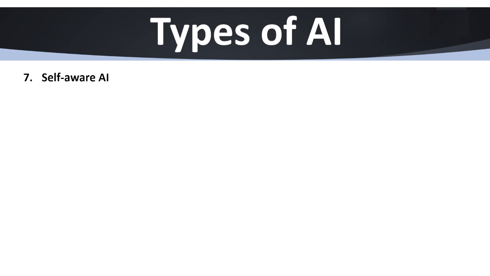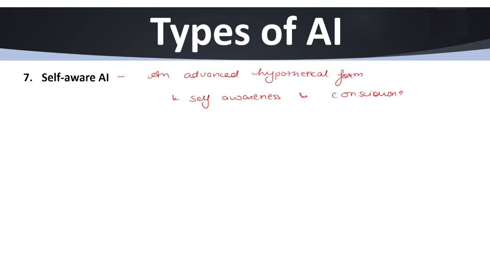नेक्स्ट वी हैव इज सेल्फ अवेयर AI. सो एन एडवांस्ड हाइपोथेटिकल फॉर्म, it is an advanced hypothetical form of AI that has self-awareness and consciousness.